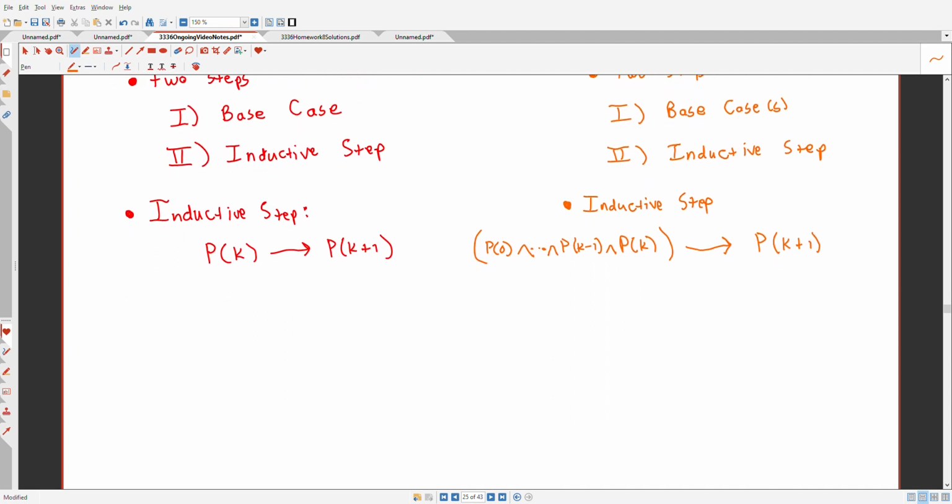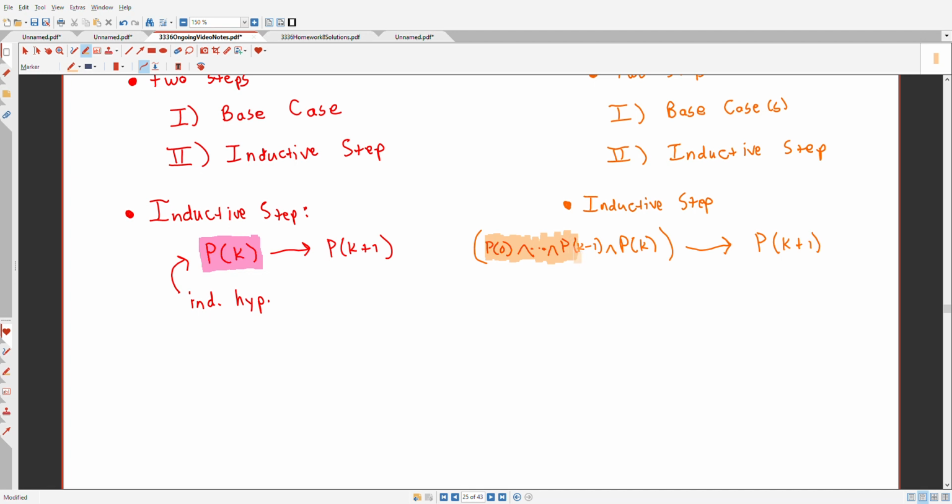So what's going on here is what we called the inductive hypothesis, P of k, right? This is the hypothesis part of this if-then, the if part. So this is our inductive hypothesis, and it is much different than the inductive hypothesis under strong induction.